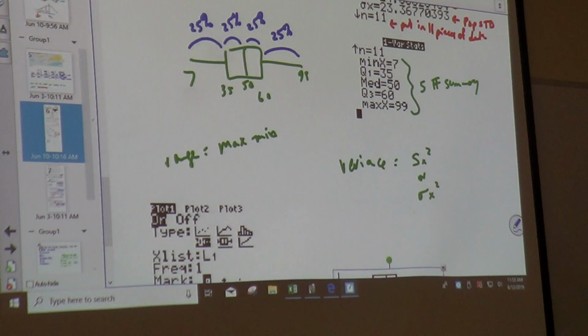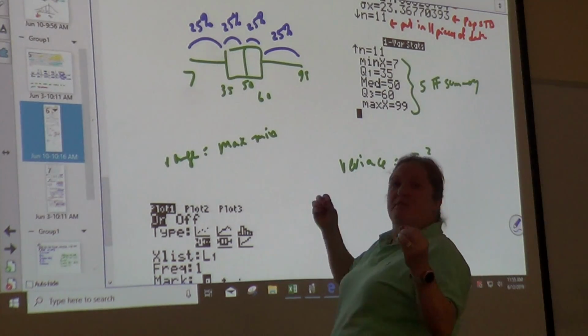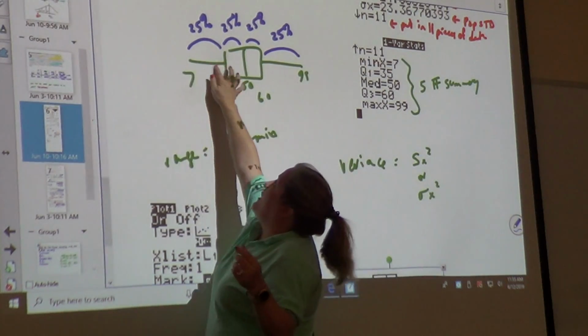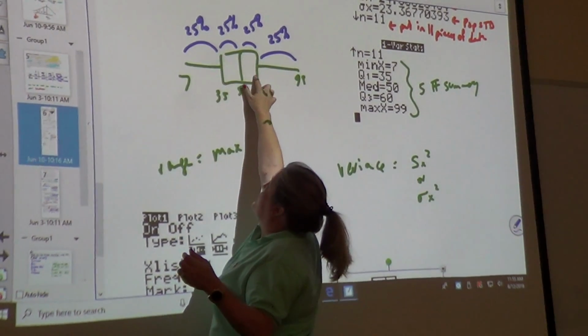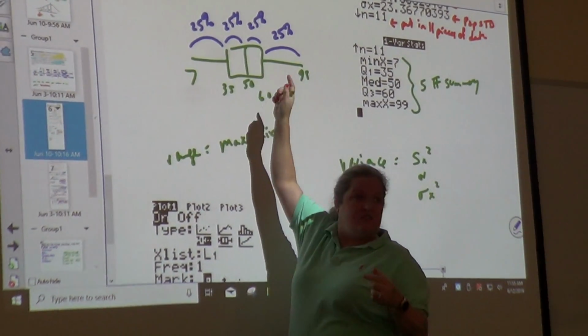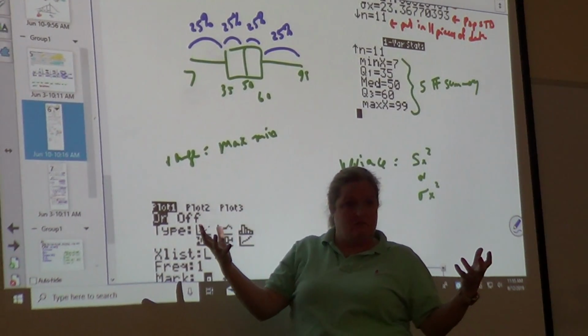It's like a football game. Every quarter of the football game is like a quarter of a dollar. It represents 25%. So 25% of your data falls here, 25% here, 25% here, and 25% there. Okay? That makes 100% of your data. We cool?